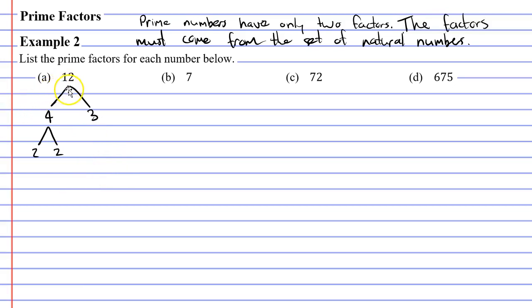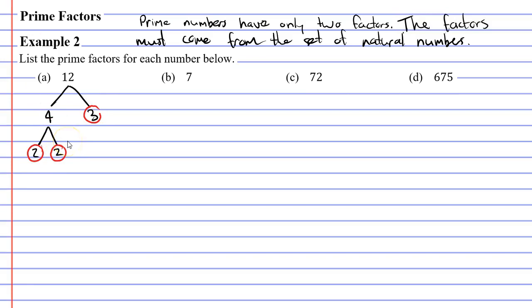Whenever you get to a prime number, you can't branch out any further. So I'm going to circle the 3 because I stopped there. My 2's are prime numbers as well, so I'm going to circle them, and I'm not going to branch out any further. I have now found my prime factors for 12: 2, 2, and 3.